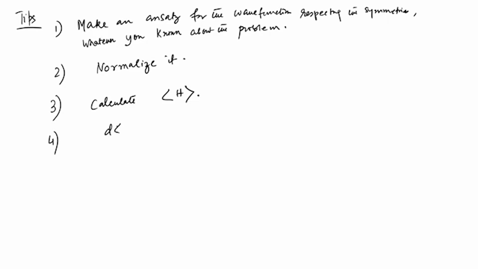So, calculate this dH/d alpha, put dH/d alpha equal to 0, and calculate alpha. This will give you a psi 0 trial which is a function of alpha.